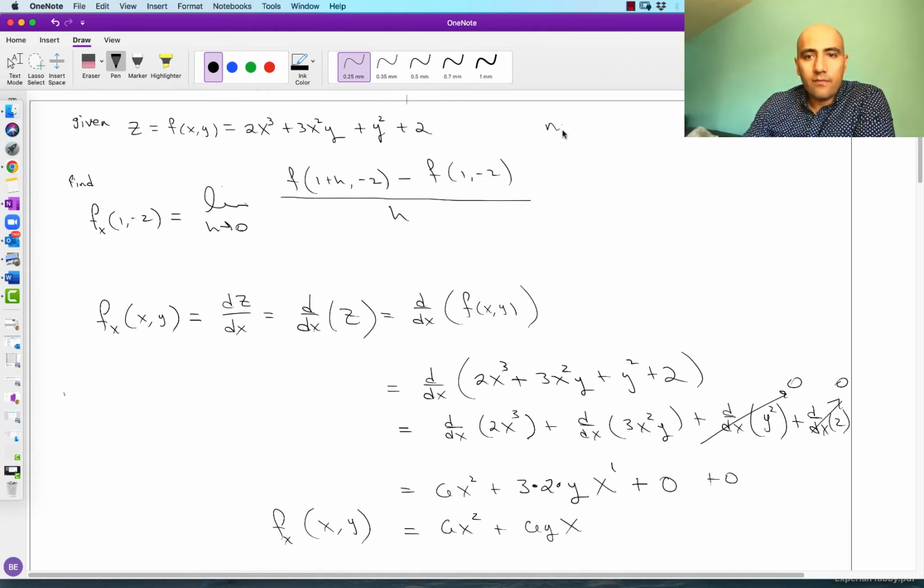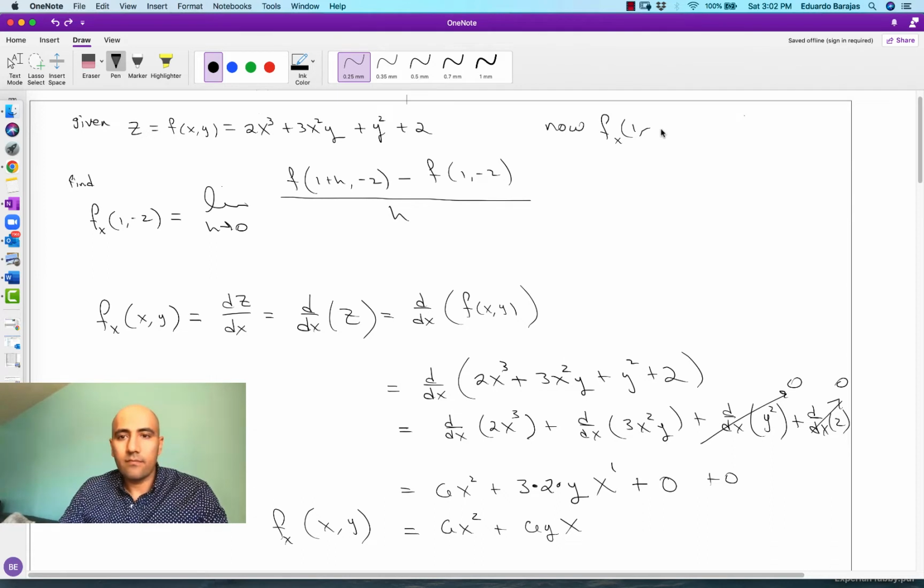So now f sub x at 1 comma negative 2 is equivalent to 6 blank squared plus 6 blank times blank, and the x value is a 1, so we're going to put a 1 there and a 1 here, and the y value is a negative 2, so we're going to put a minus 2 right there.